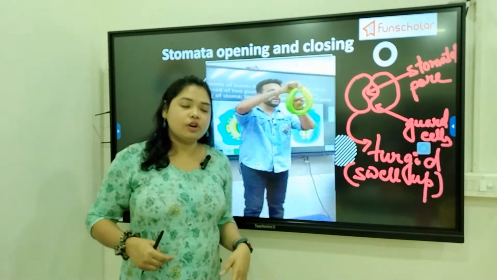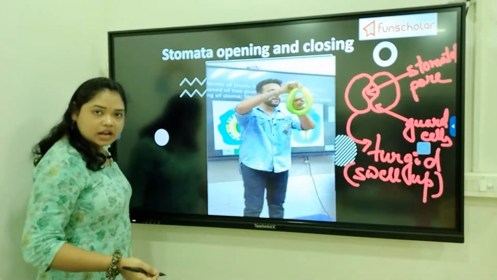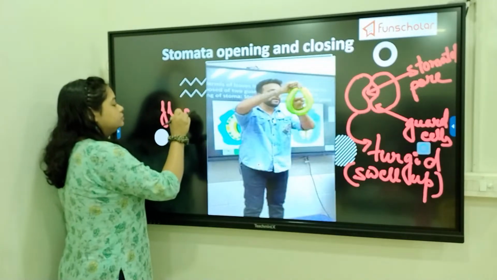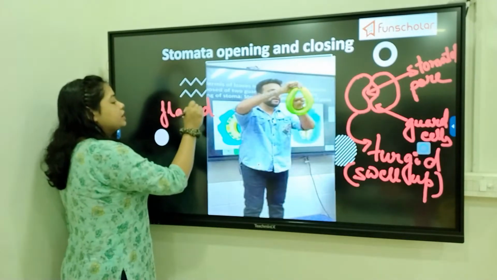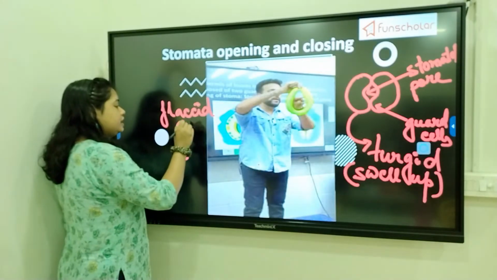And on the contrary, when water moves out of the guard cells, they become flaccid. They become flaccid and they shrink.